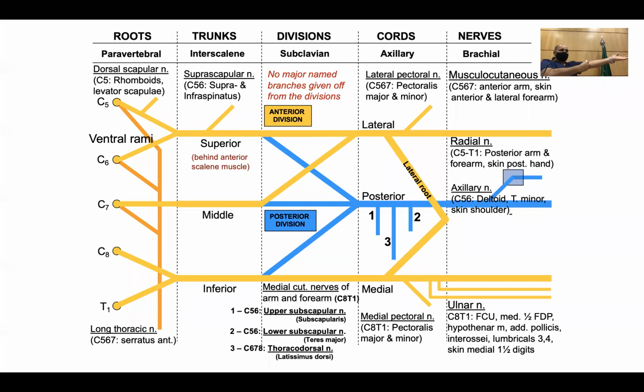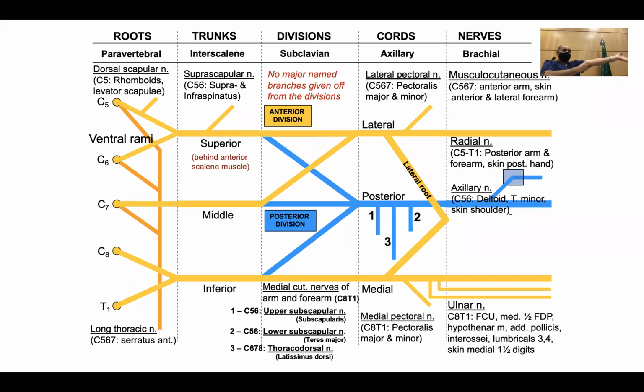I have medial cutaneous branches for my arm and forearm, they were coming from the medial cord. I have lateral cutaneous branches for my arm and forearm, they are coming from where? From the lateral cord. So the lateral cord's fate is the musculocutaneous nerve. It supplies up to the elbow, beyond that it's sensory.